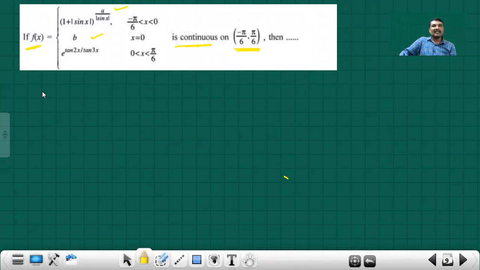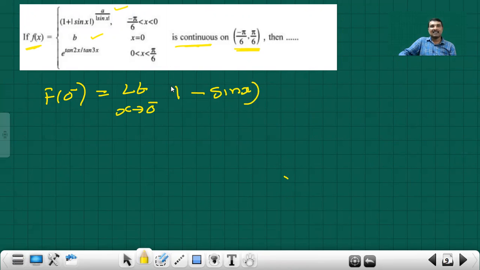Now we can write the left hand limit, that is f of 0 minus, that is equal to limit x tends to 0 minus of (1 plus mod sin x, which becomes minus sin x) raised to a by minus sin x. This is of the form 1 raised to infinity.